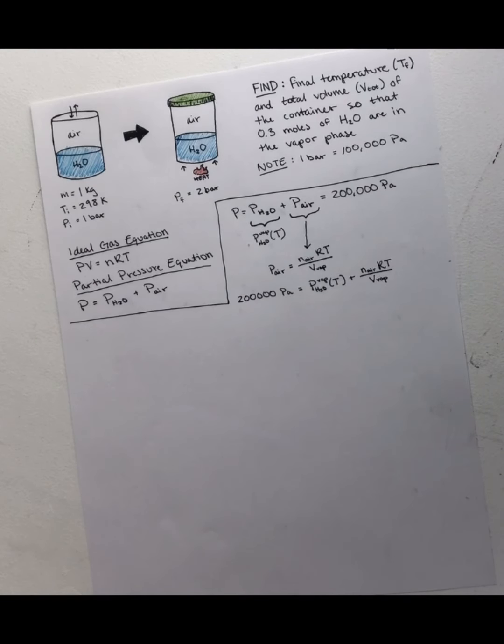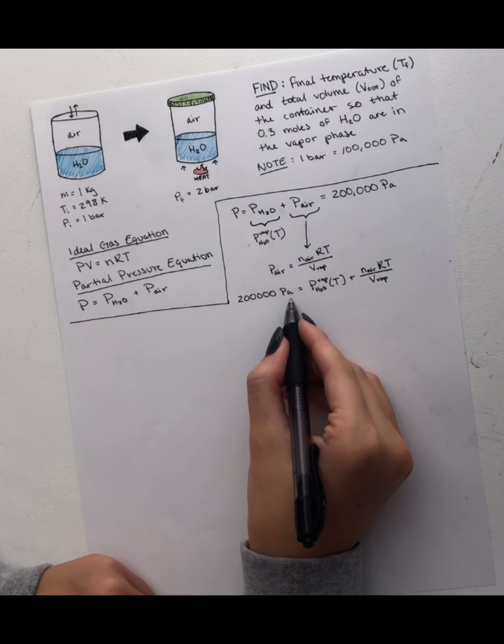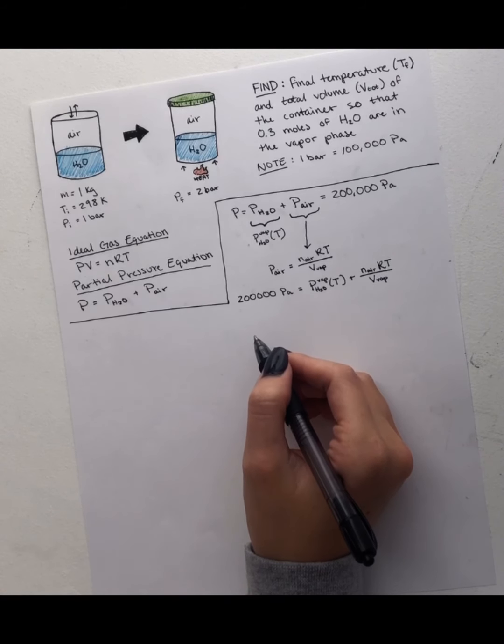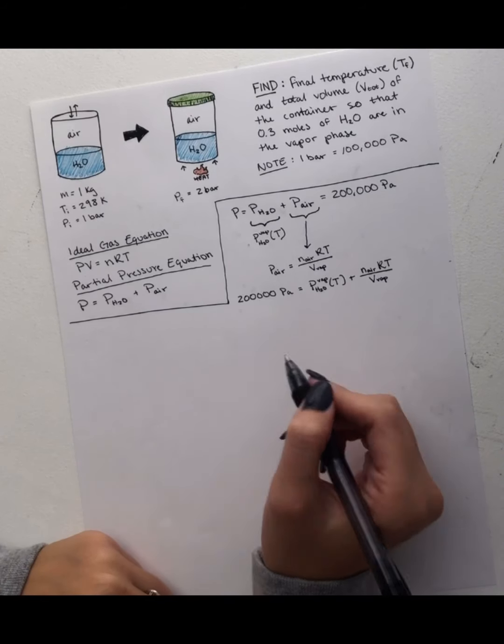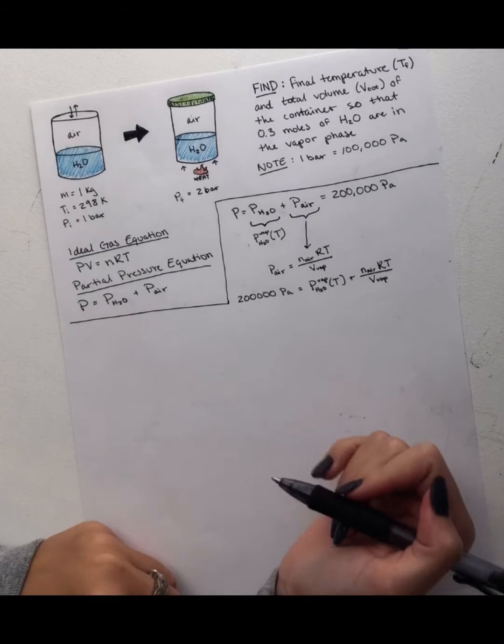And again, that's all equal to P total, which is 200,000 pascals. So now we have one of the equations that we're going to use to finish this.